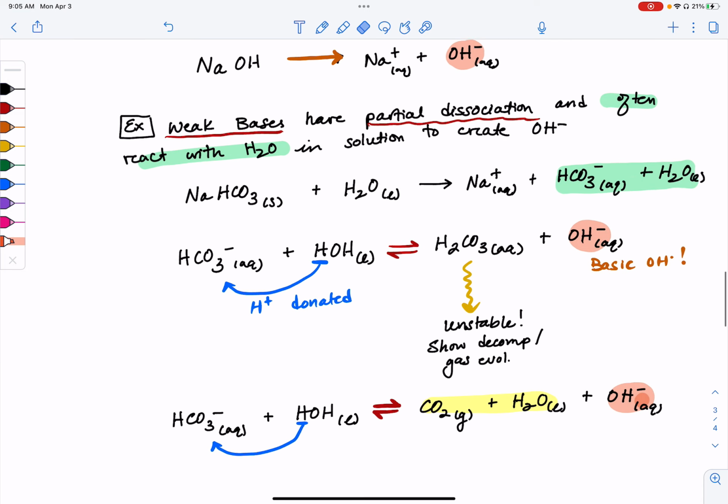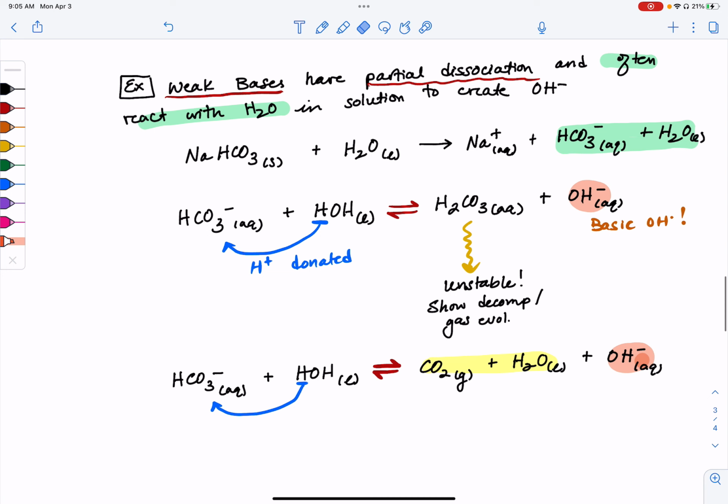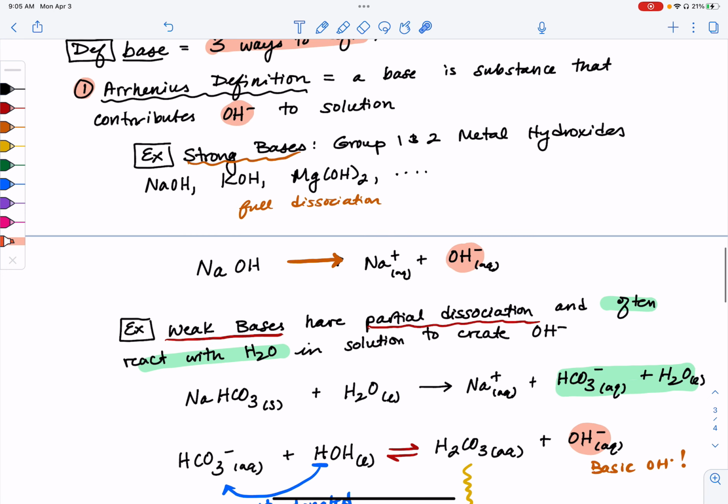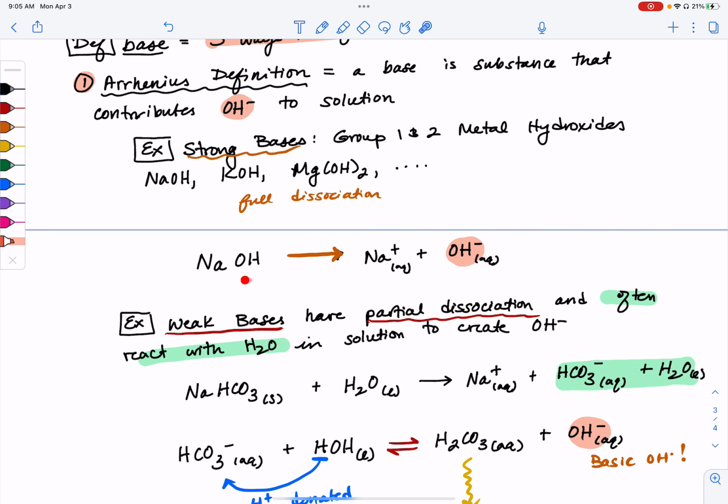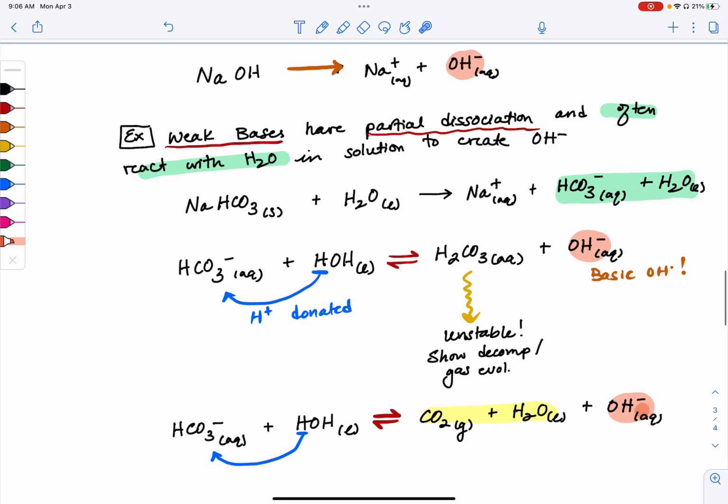Now, weak bases, since they are kind of weird, right? There's no thing that contains hydroxide that will have any kind of poor dissociation unless we're looking at slightly soluble things. But even then, it's not really a question of basicity. It's more of a question of, do you create a solid or not? So anytime we're looking at weak bases, we're looking at interactions with whatever our anion is from some compound with water to generate hydroxide.